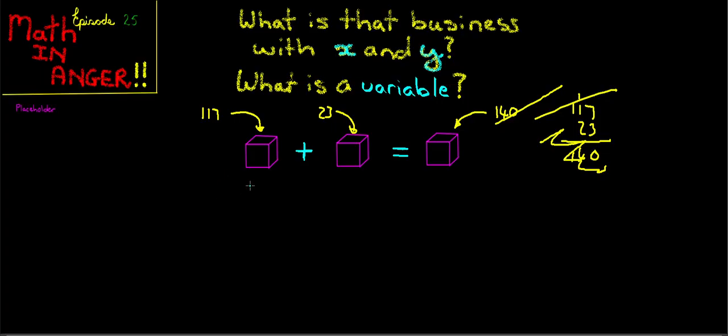Let's call that one John, that one Darren, and that one Barney. So when I talk to you about this, I'm going to say: put something inside the John box and inside the Darren box, go and take a look at what that is, and put the total inside the Barney box.